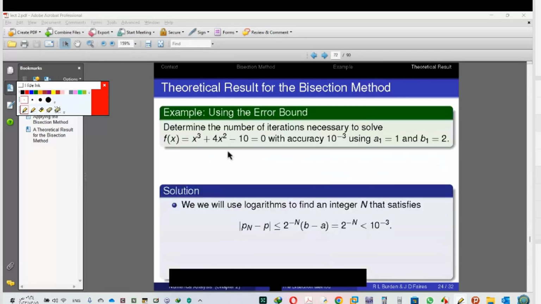Let's see the question here. Determine the number of iterations necessary to solve, and he asked me 10 exponential minus 3, using a1 and b1 equal 2. So how can I use this one?